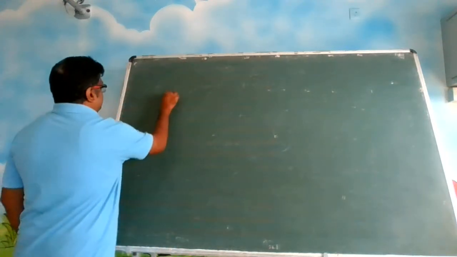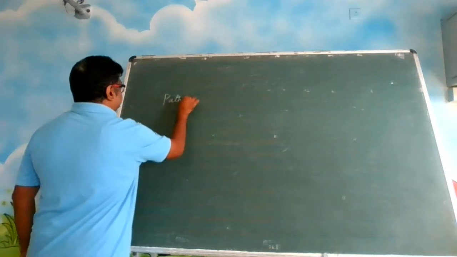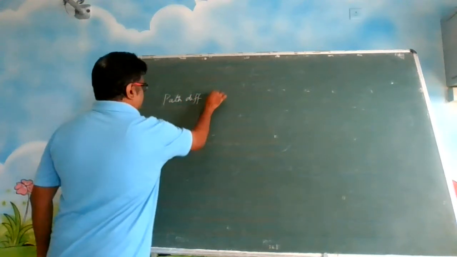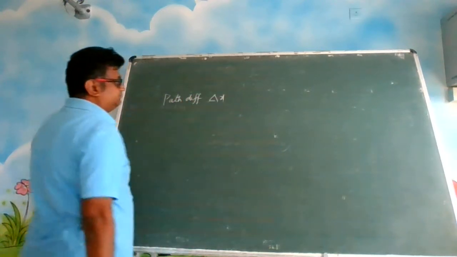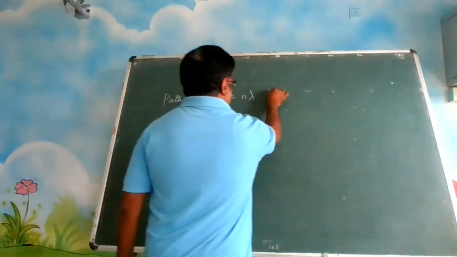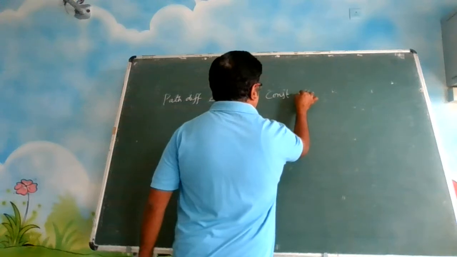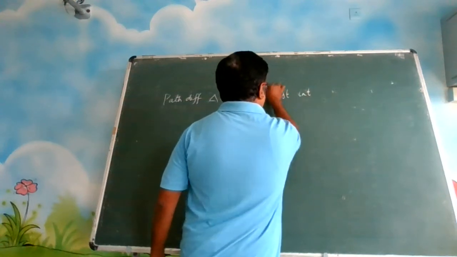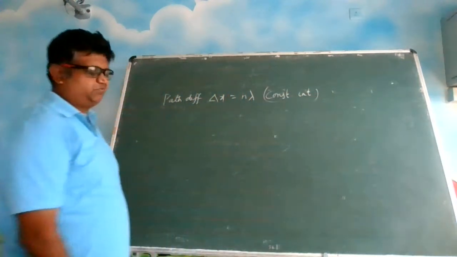Okay. We have seen that path difference, which we denote as delta x. If it is n lambda, it is constructive interference. I'm just writing the short form.